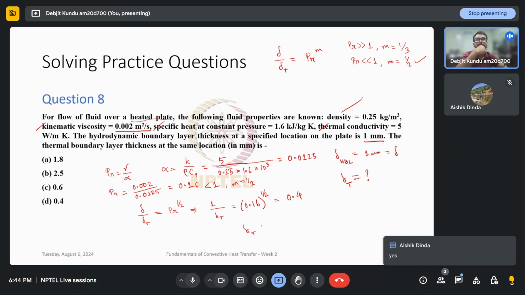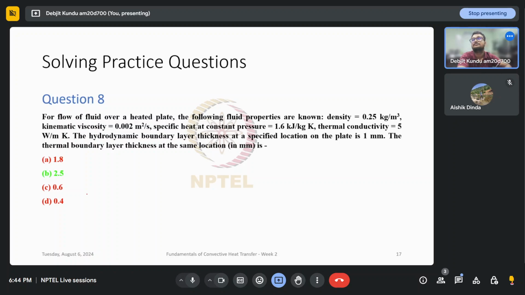So delta t should now be 1 over 0.4, that is 2.5, right? So option B should be the correct answer. Let's check. Yes, option B is the correct one.